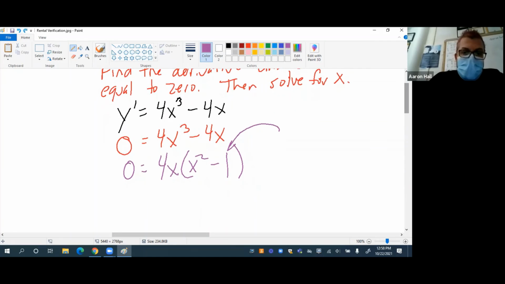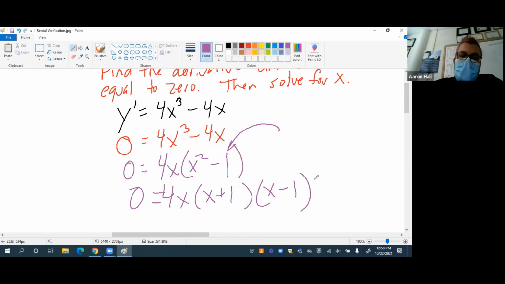So that's going to give us 4x times x minus 1 times x plus 1. So what are my x values that give me 0? 0, 1, negative 1.